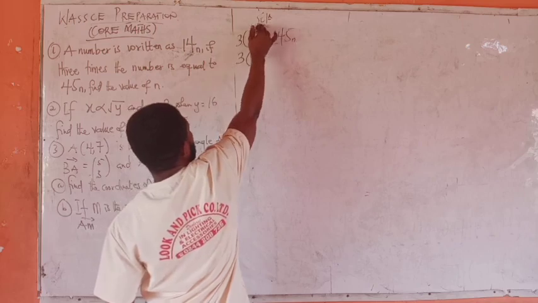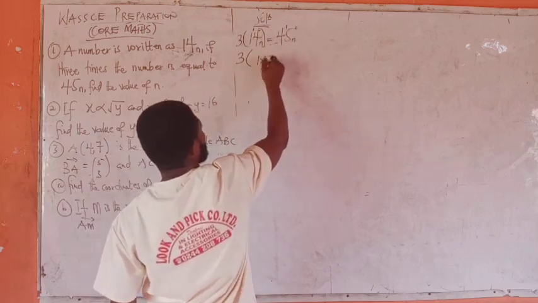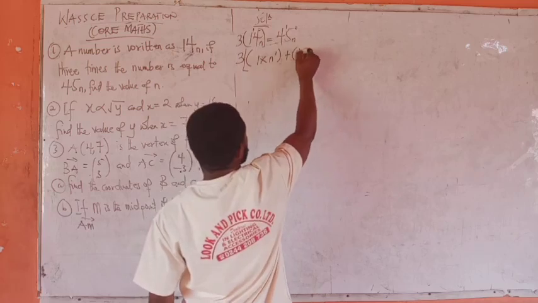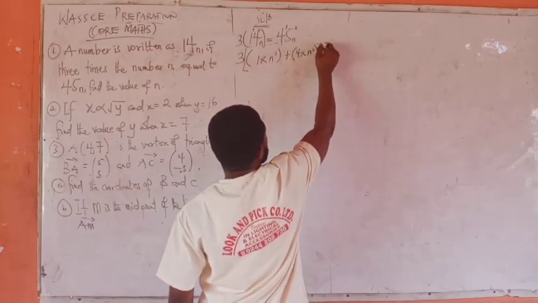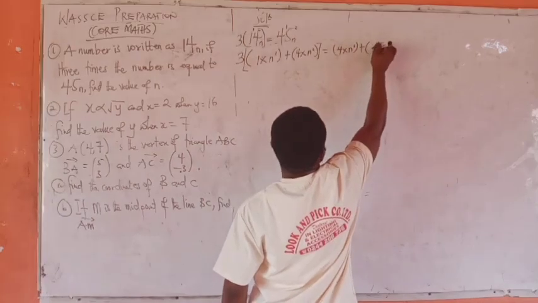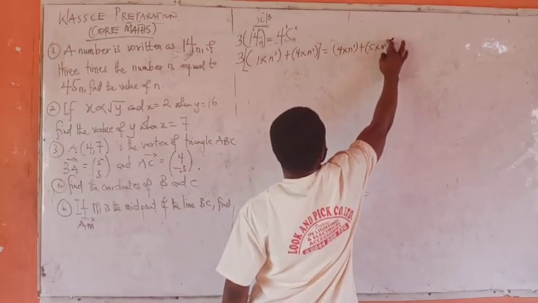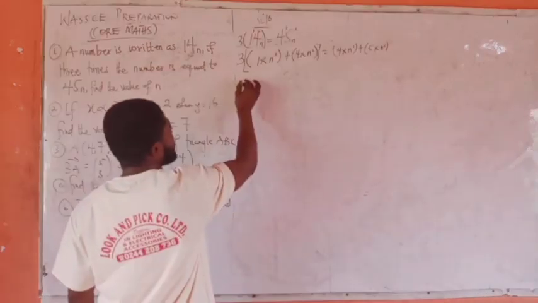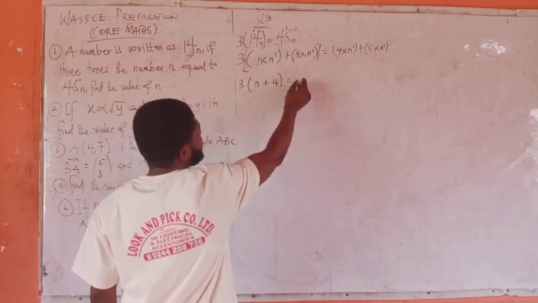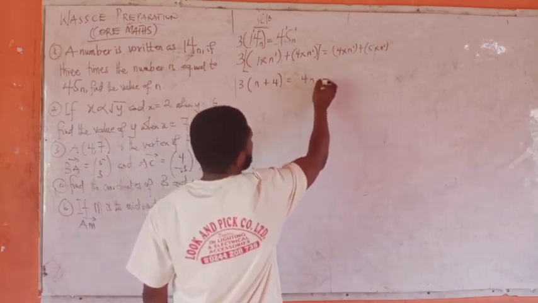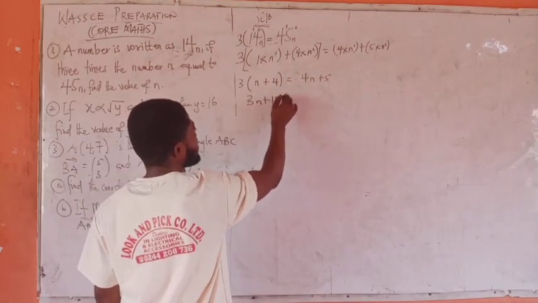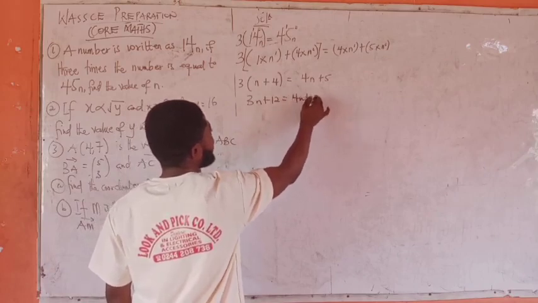Converting to base 10: 3 times (1 times n^1 plus 4 times n^0) is equal to 4 times n^1 plus 5 times n^0. So 3 into brackets n plus 4 should be equal to 4n plus 5. Now I can expand this, which gives me 3n plus 12 equals 4n plus 5.